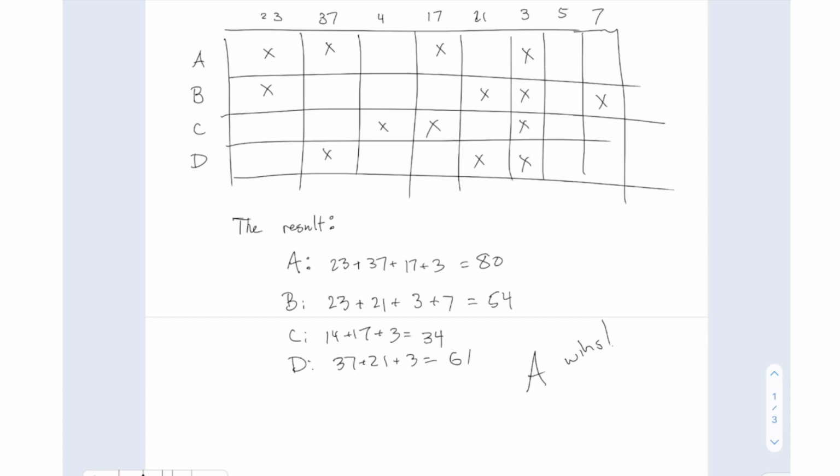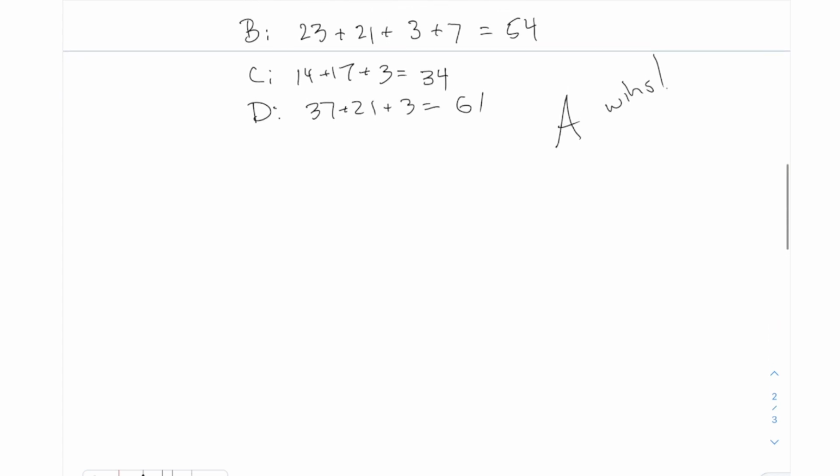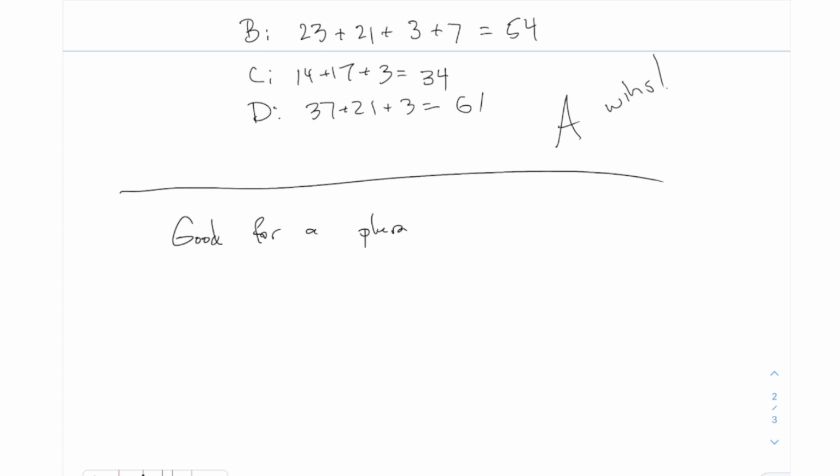Approval voting, like I said, is used in the real world. It's good for a plurality-like election in the sense that all you're doing is asking people to check off who they like, and you're just counting up how many checks there are. So this is similar to plurality.